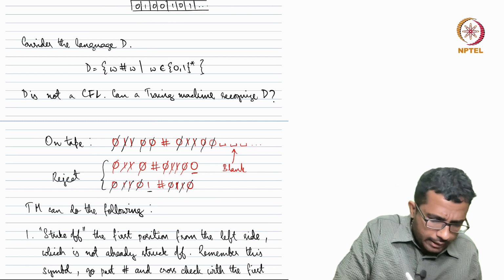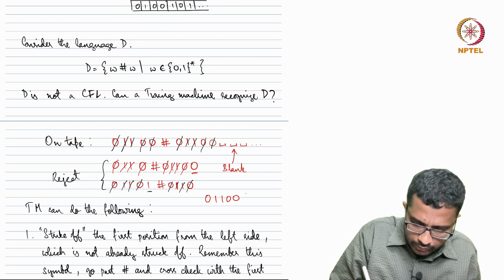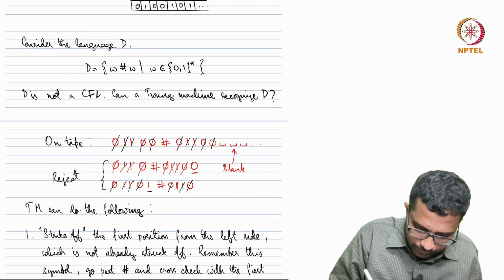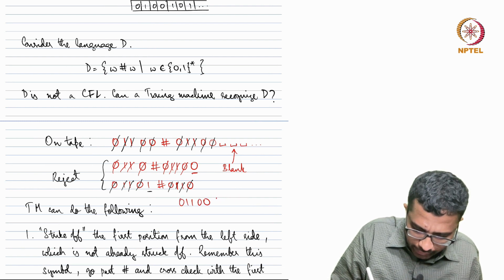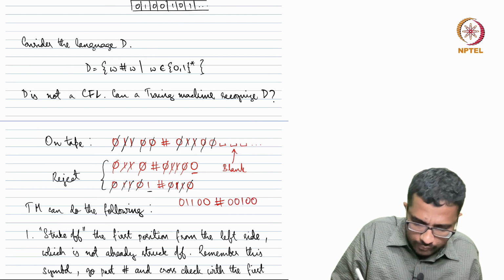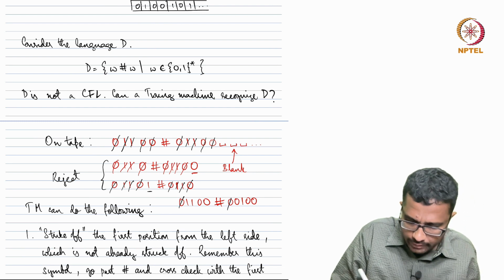And even simpler strings like, let's say, 01100 hash, let's say 00100. Even this will get rejected because the first 0 will get struck off with this.